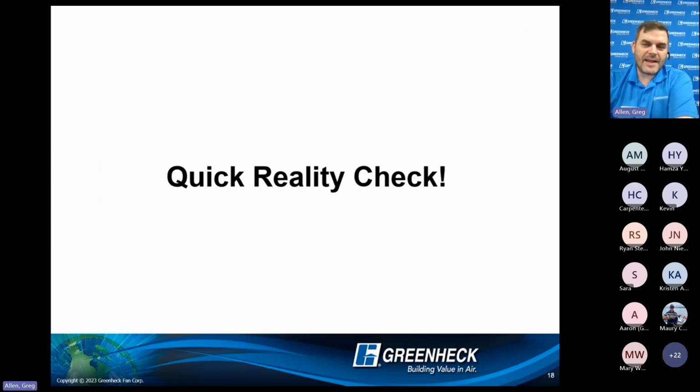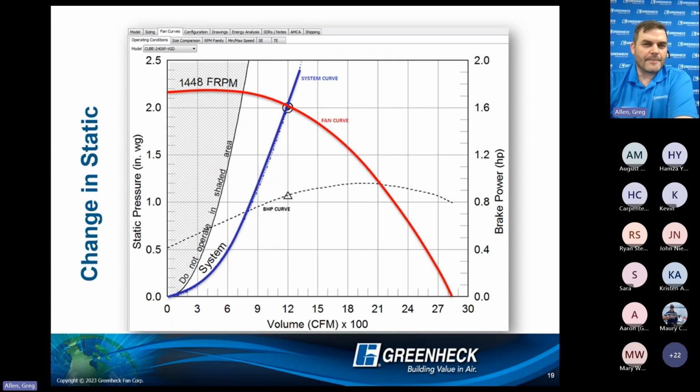Now that I've kind of built the base, I want to do a quick reality check with everybody. On the screen, I've got my fan curve, my system resistance curve, right? I've got my intersection. So my question to you is, what happens when you've added up all the ductwork? I needed 1200 CFM against 2 inches.